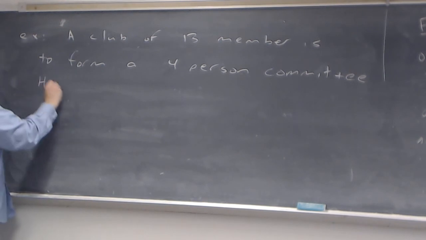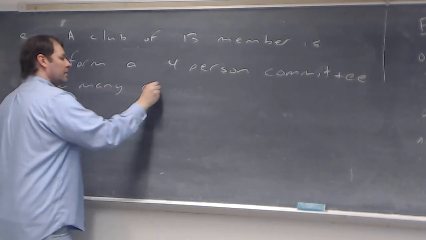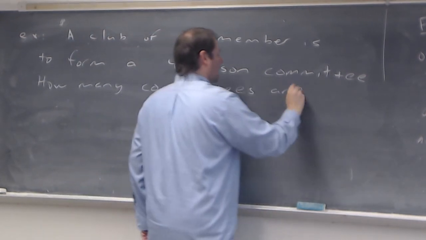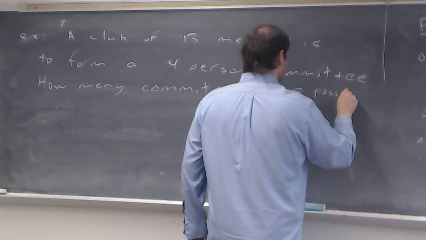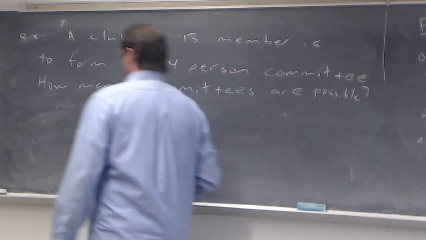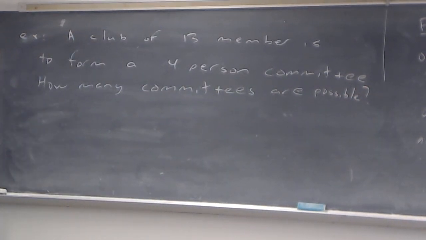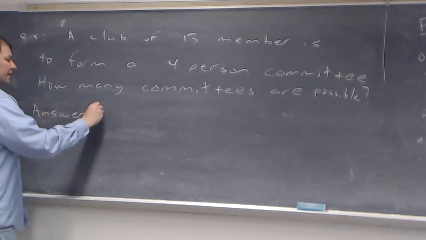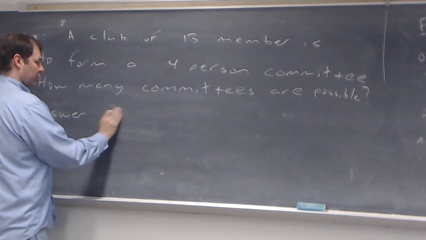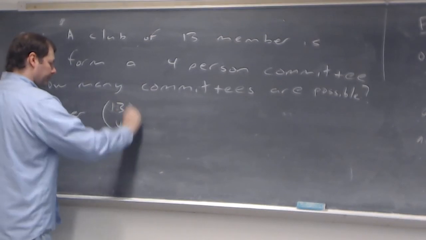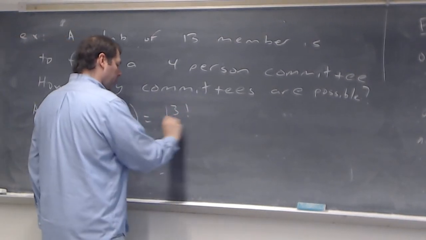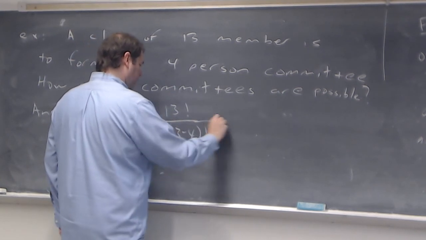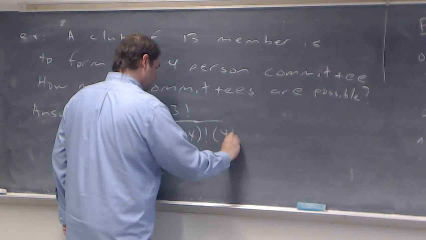How many committees are possible? And so the answer is 13 choose 4, which is equal to 13 factorial over 13 minus 4 factorial times 4 factorial.